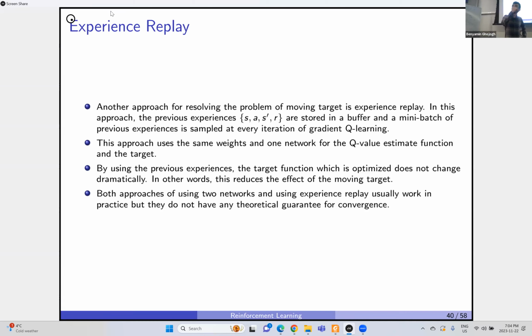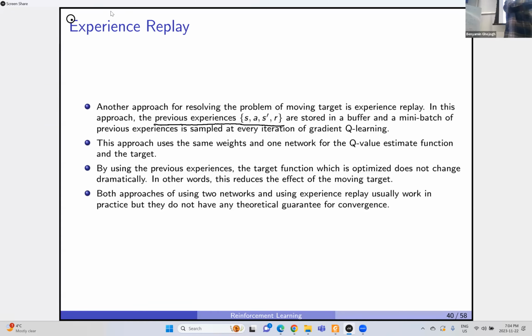The second solution is called experience replay. What is it? It says that we use the previous experiences. So what is the experience in reinforcement learning? The current state S, current action A, next state S prime, the reward in this current iteration R, right?